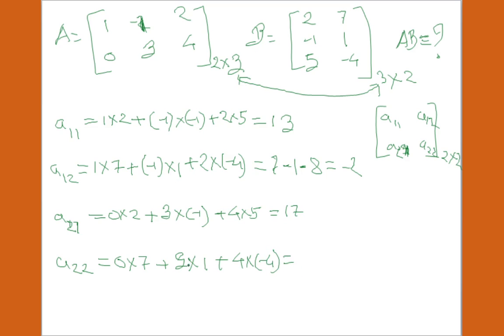So minus 16 plus 3, so minus 13. So the answer will be minus 2, 17, minus 13. So this is a 2 by 2 matrix.